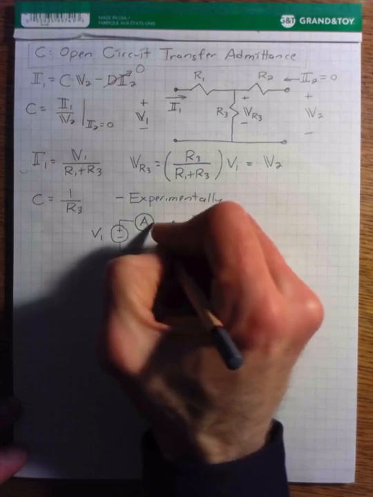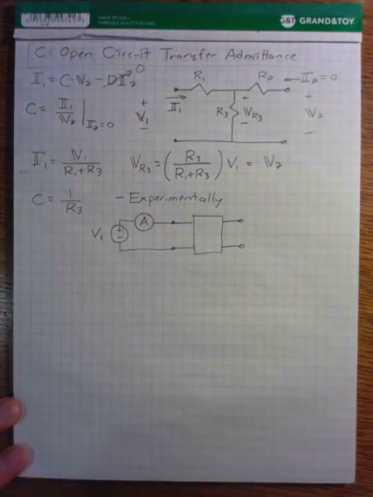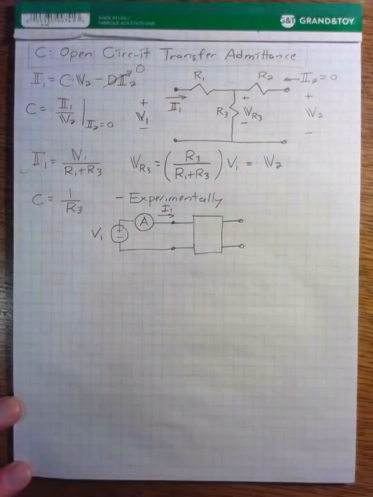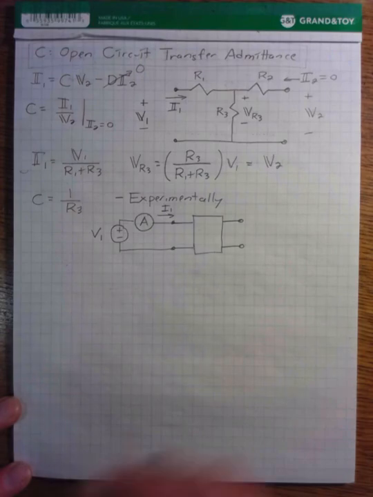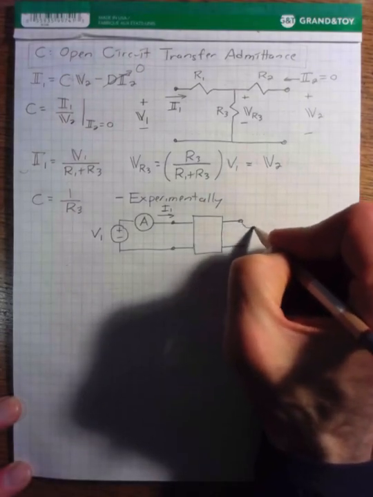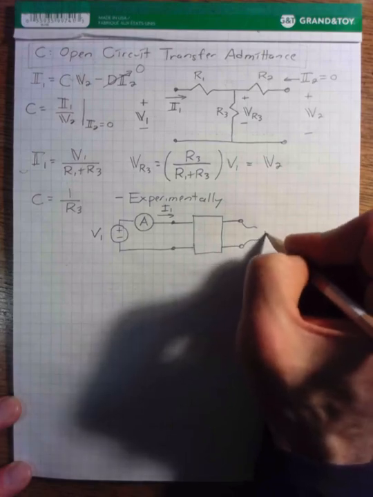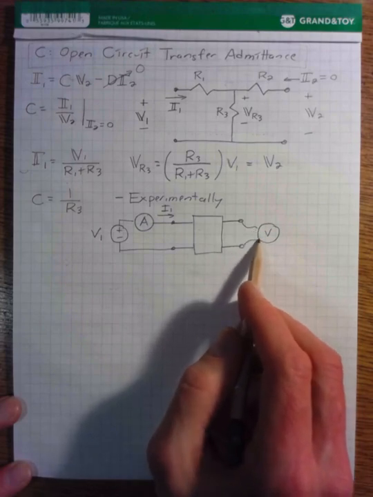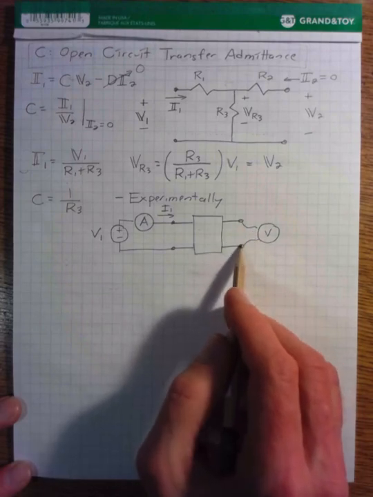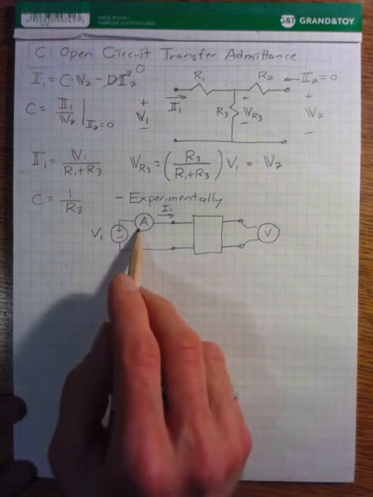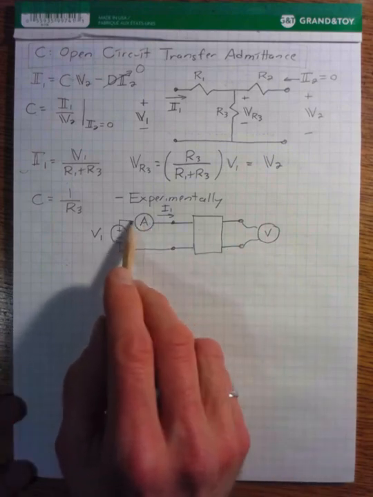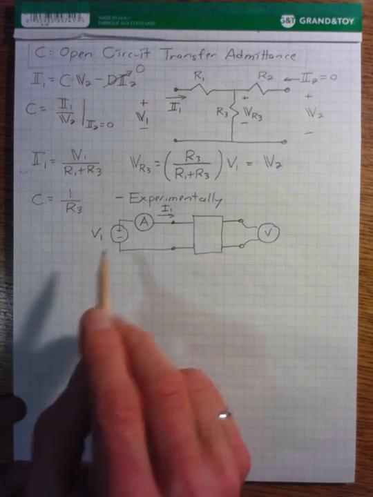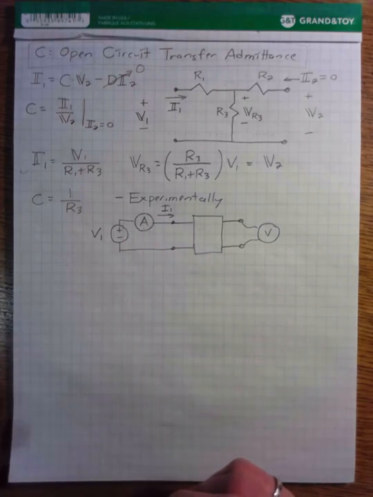So we would put an ammeter or a current meter in series here so we can measure I1. We also need the value of V2. So we would measure V2 using a voltmeter. And again, the internal resistance of a voltmeter is high, so this still basically is effectively an open circuit. The internal resistance of a current meter is low, so having this instrument in series with our voltage source and our terminal doesn't really affect our measurement.